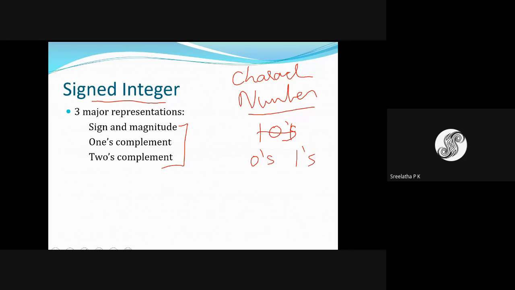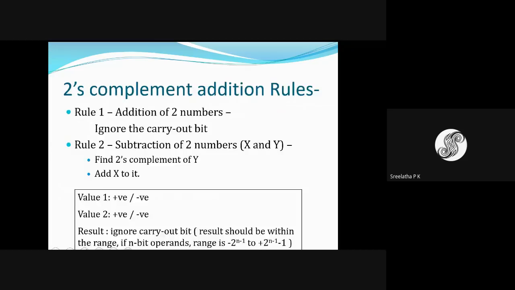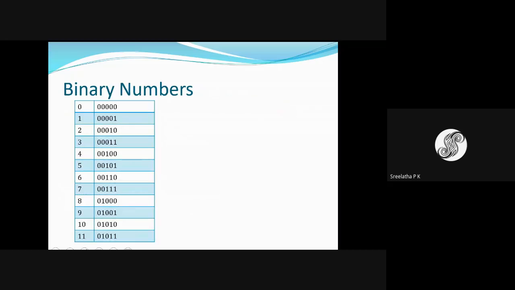As I told you, all of you know the data information is stored in binary form. We will look at numbers, because only for numbers does the sign come into the picture, that is, positive or negative.